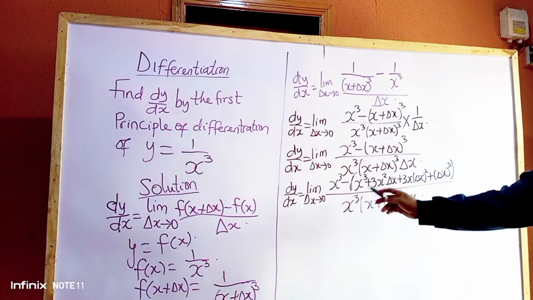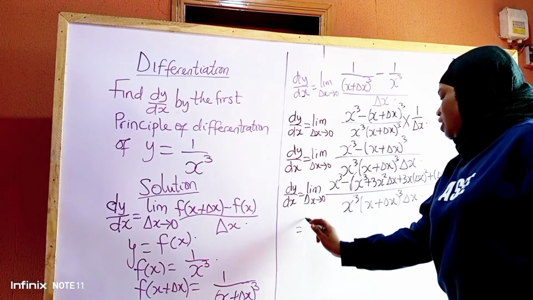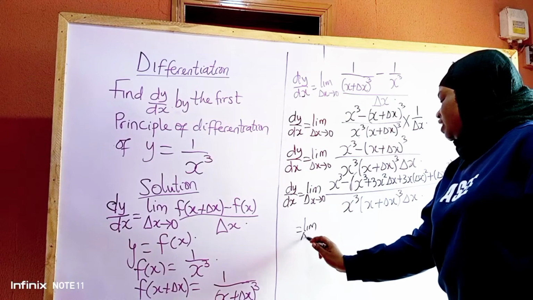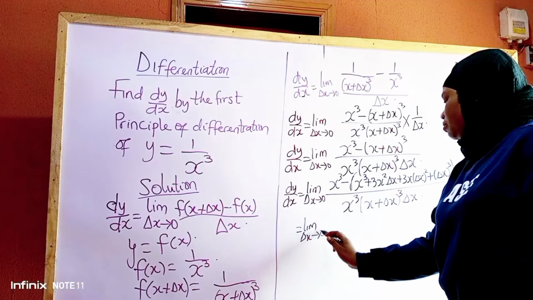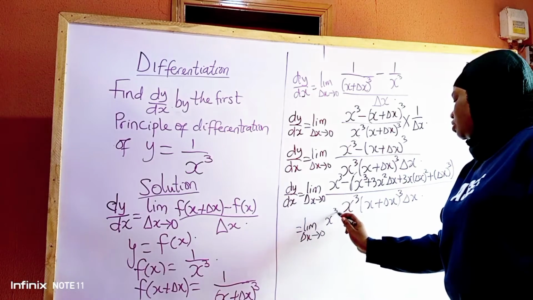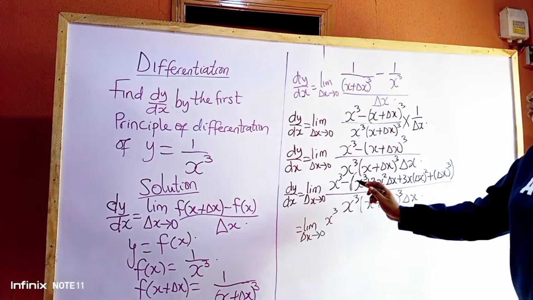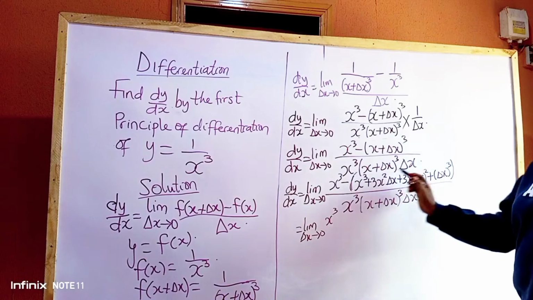So from here, I will have the limit as change in x tends to 0, x cubed, then this minus will multiply everything inside the brackets here.